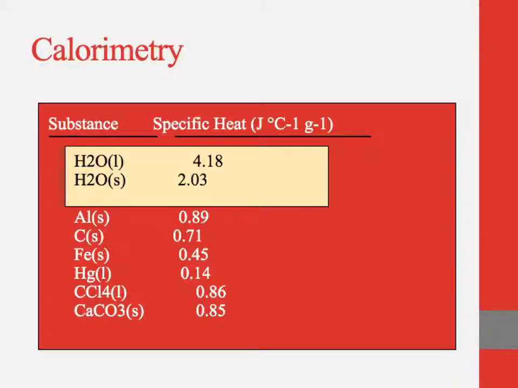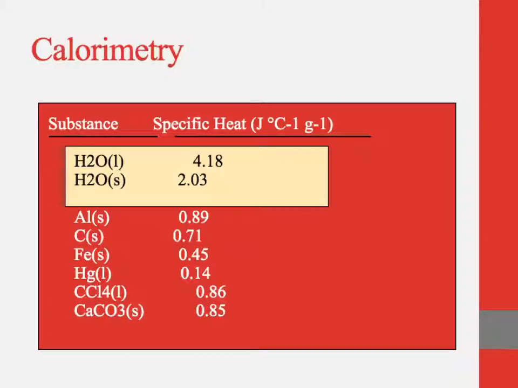So what this is showing us is that when something goes from a solid to a liquid, it absorbs energy, and it takes less energy per gram to raise 1 gram of ice 1 degree Celsius than it does for a liquid.